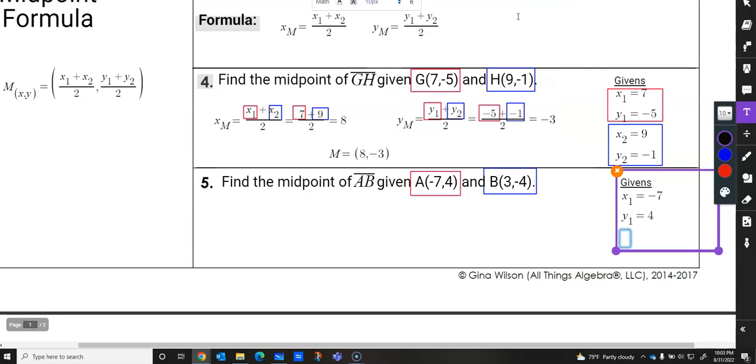Then we have x2, and that's going to be equal to 3. And finally y2, and we're going to set that equal to -4. So there's our list of givens.